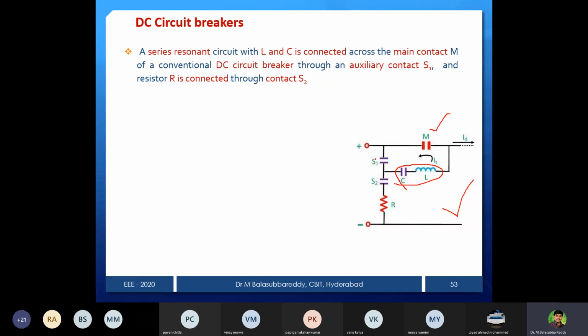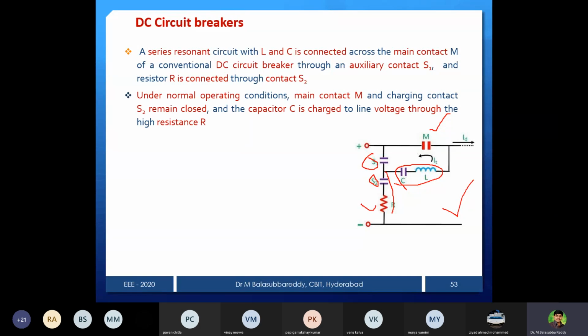There is an auxiliary switch S1, and then there is a resistor R connected in series with S2. So this is a very simple circuit. L and C are connected in series and in parallel with the main circuit, and S2 is another switch and S1 is another switch connected to R. R is our resistor.